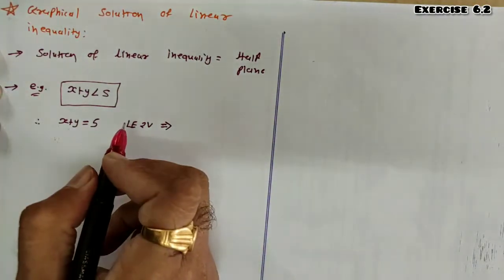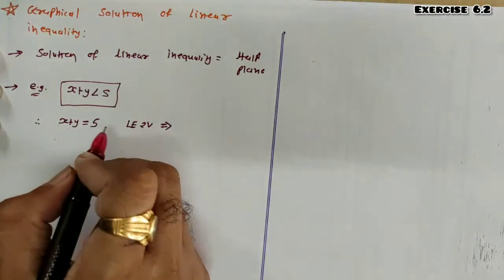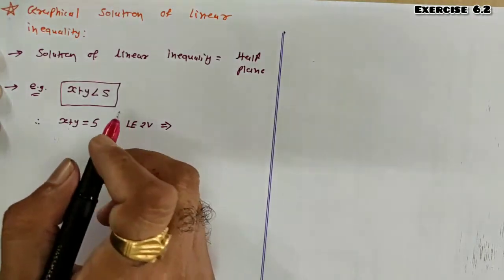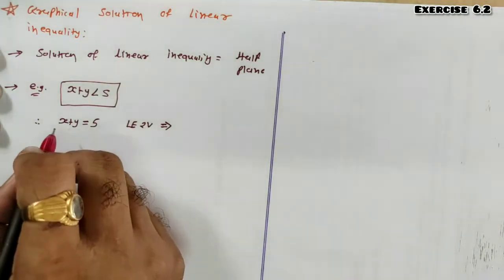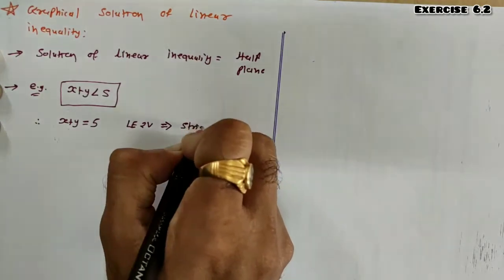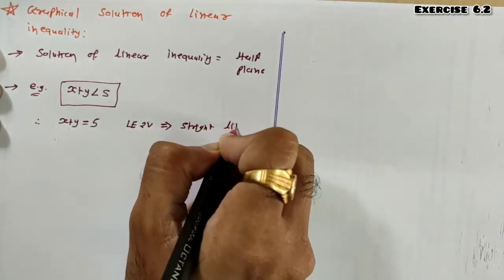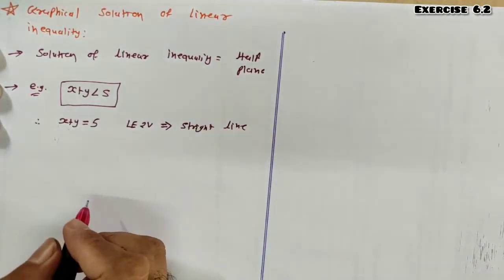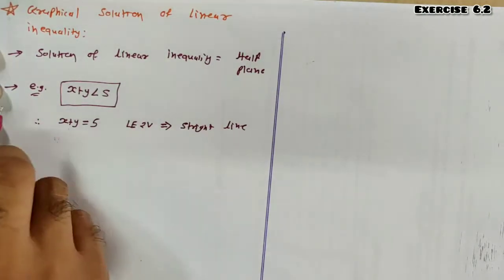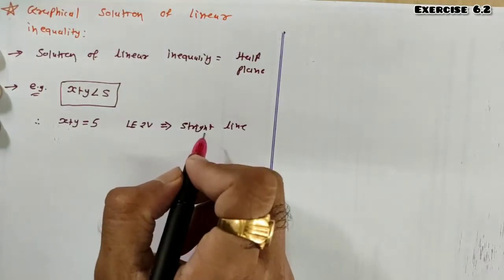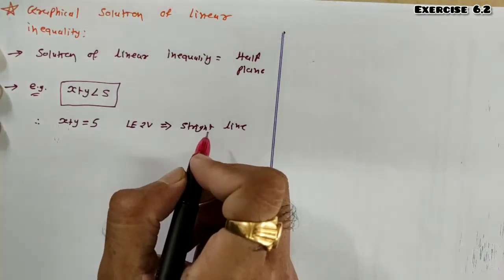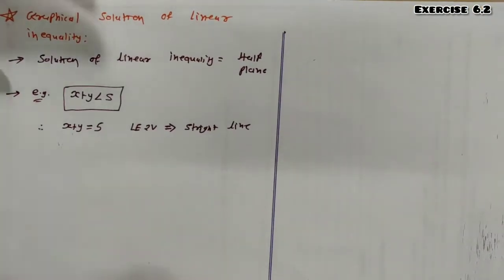That is our standard 9 chapter number 3, linear equation in two variables. A linear equation in two variables has infinitely many solutions, and if we draw its graph, we get a straight line. So x plus y equal to 5 will give us a straight line, and infinitely many points lie on it.